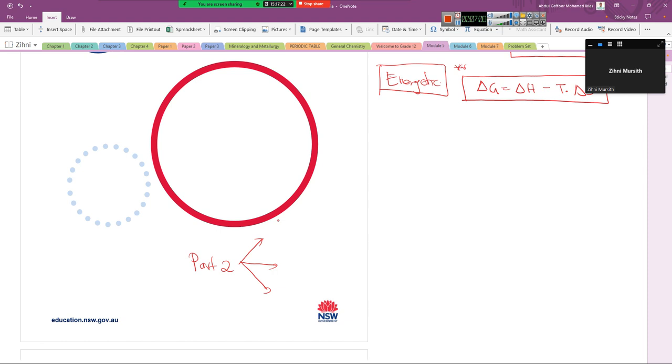Anyhow, we will try to study the others as well if we have time. The first one is chemical kinetics. Then we have equilibrium, which is what we are going to study in this chapter 5 or module 5. And then we have something called electrochemistry.